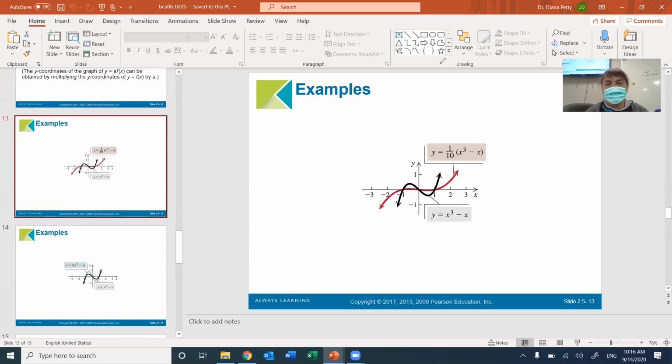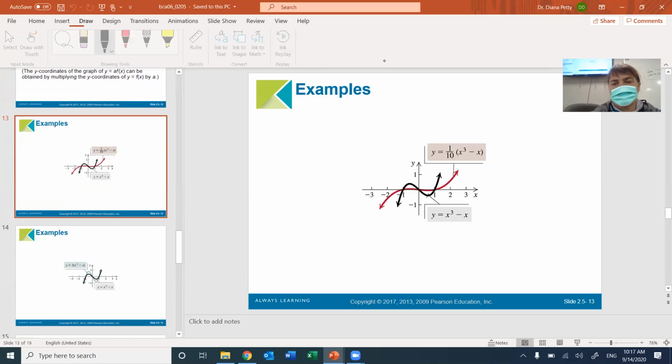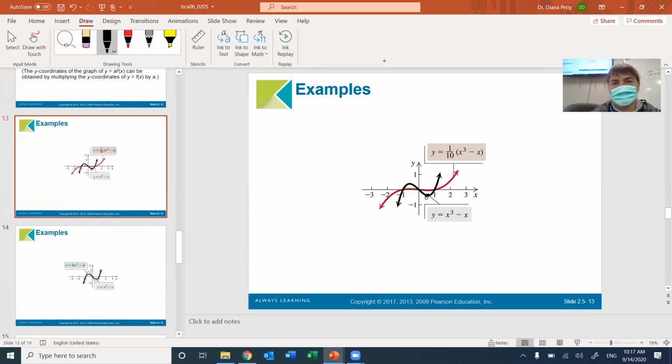The original one is the black one. So let's get a point on the black one. Let's do 0, 1.